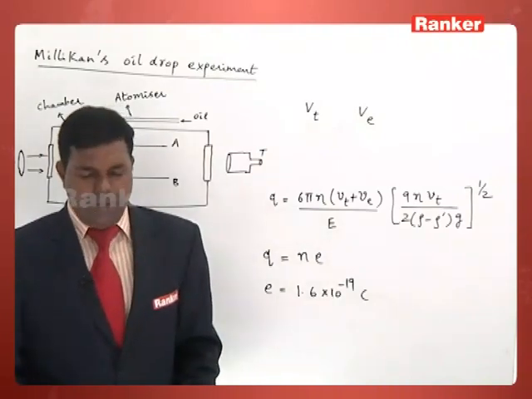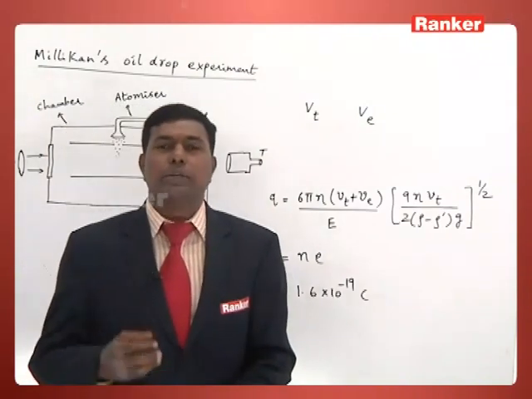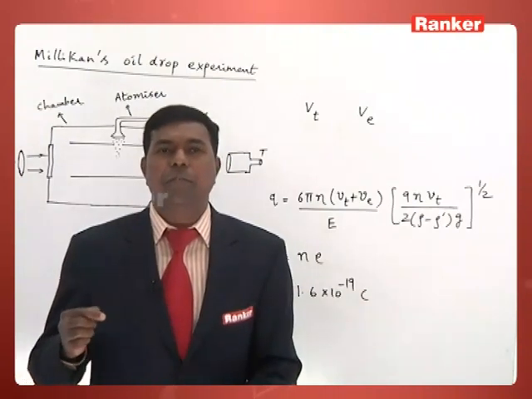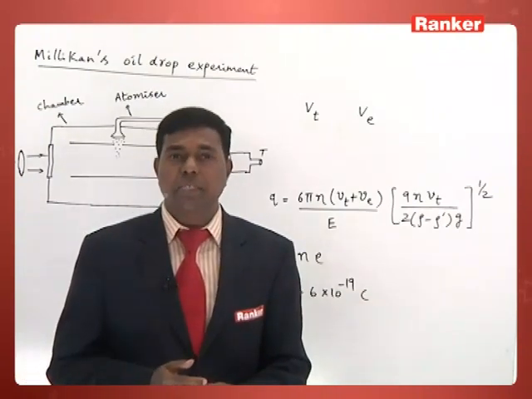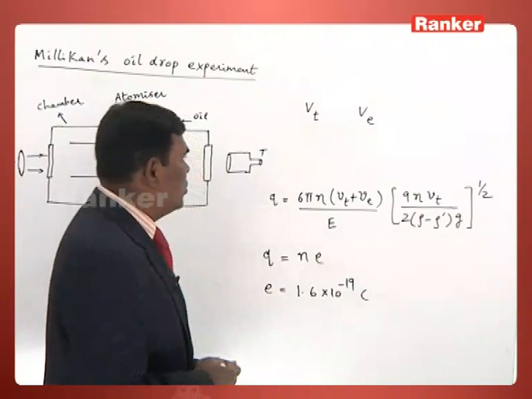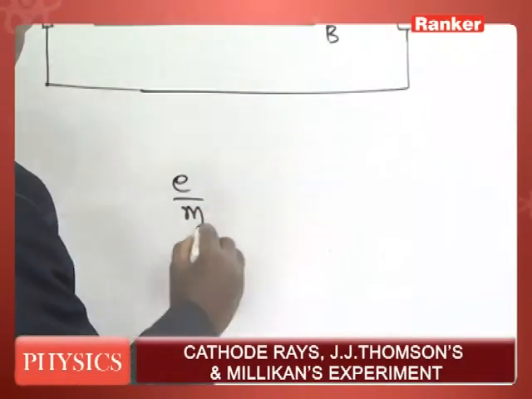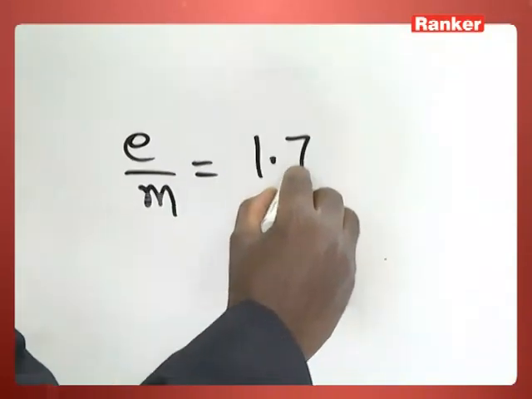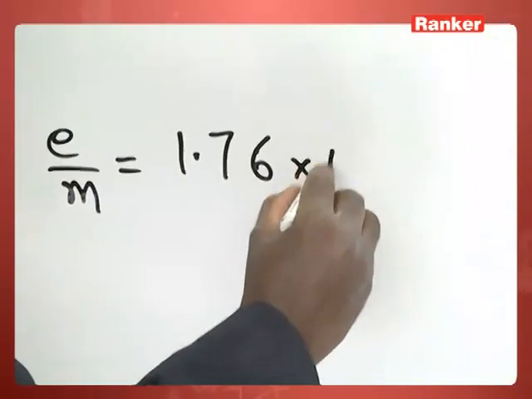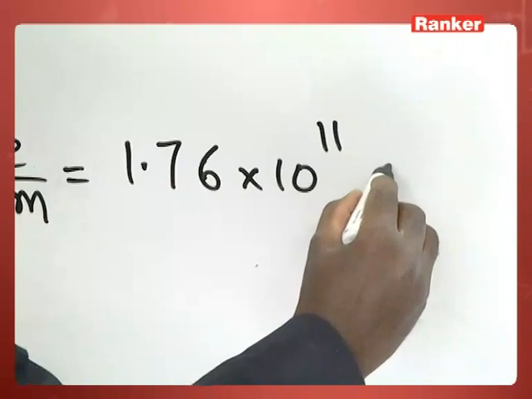And further, in the earlier case we have also determined e by m value for an electron, that is the specific charge, which comes out to be 1.76 into 10 power 11 coulomb per kg.